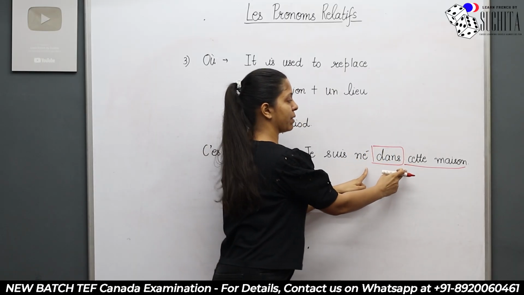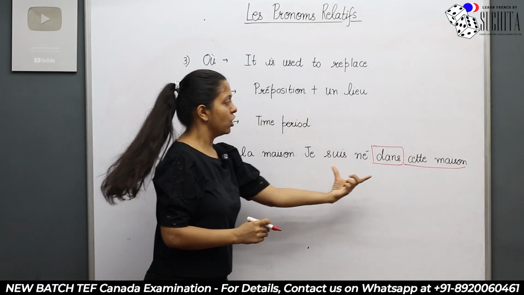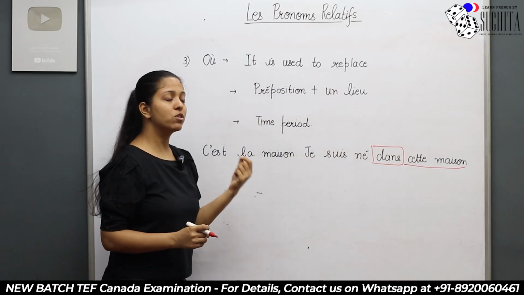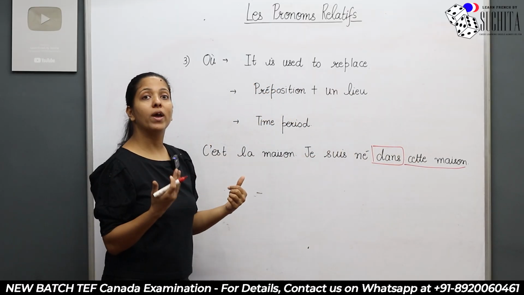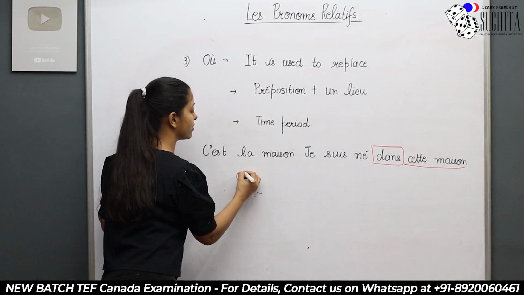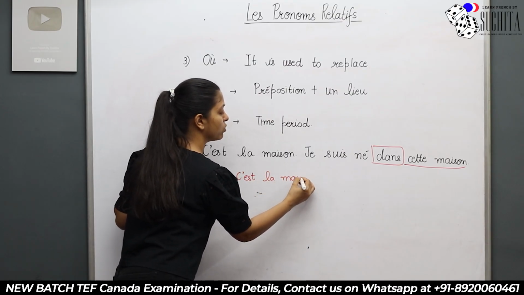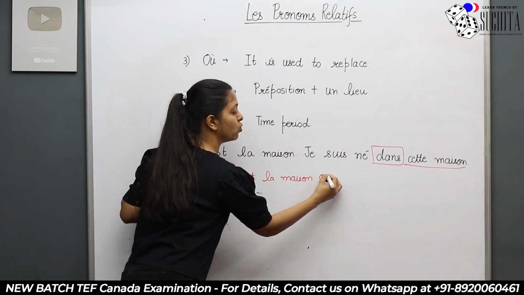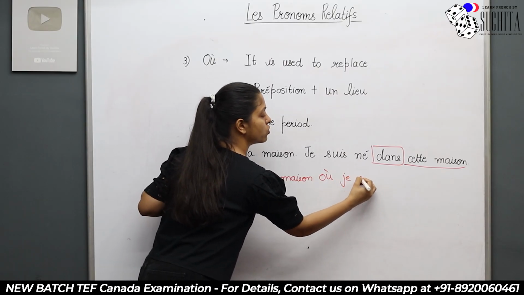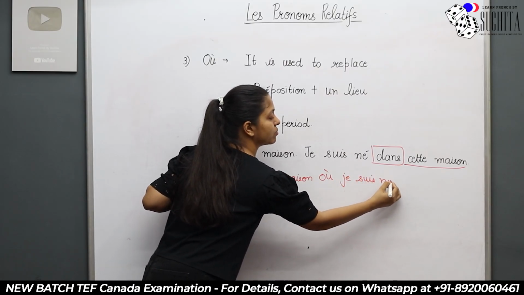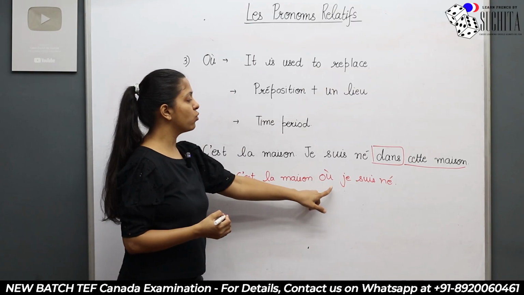So the combination is preposition plus a place. If I want to avoid this all, I would say, this is the house where I was born. And consequently, your sentence will look something like this: C'est la maison où je suis né. This is the house where I was born.